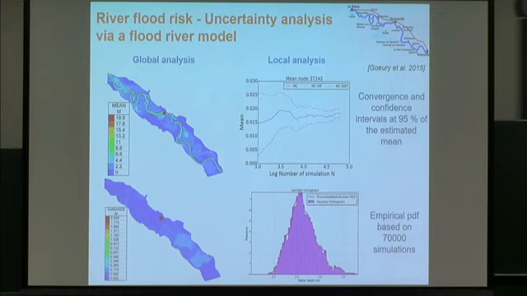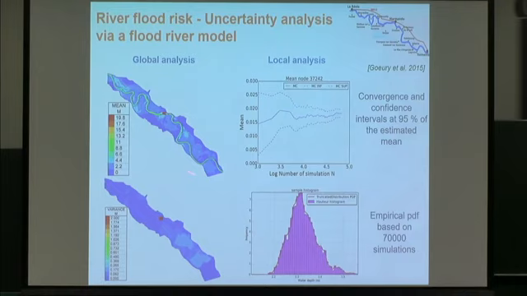Here you can see the names of some towns. We can be interested in the whole river. The output of the model here is the river level. We have performed an uncertainty propagation step, and in blue you have the water level at each spatial location of the river.